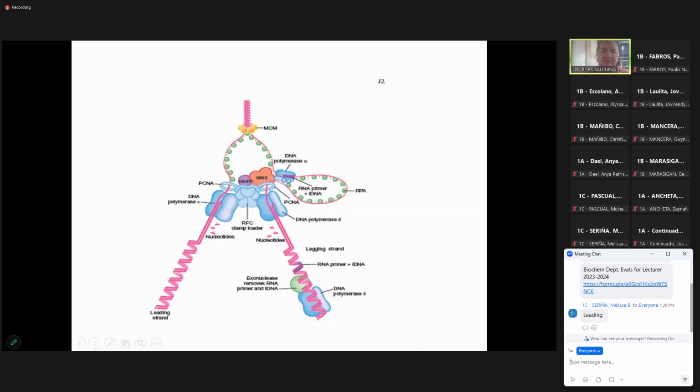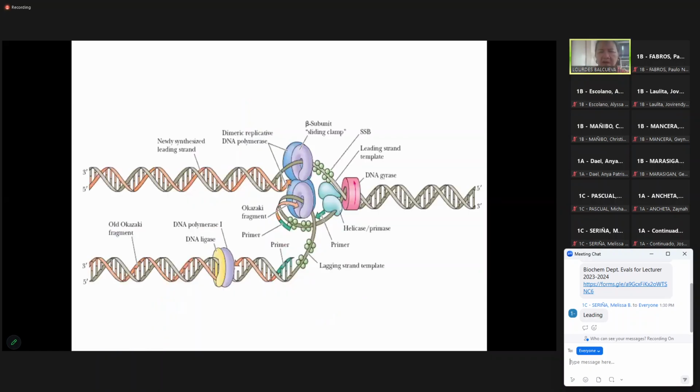Okay, another example. This is confusing and hard to understand. Well, anyway, it coils. So your Okazaki fragment is made up of RNA and DNA. This is your pump, this is your enzyme.